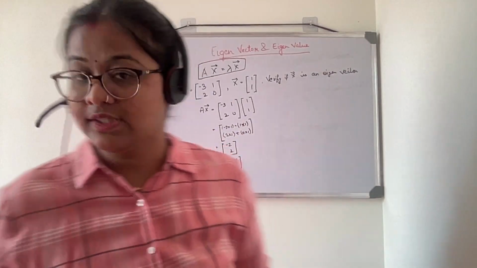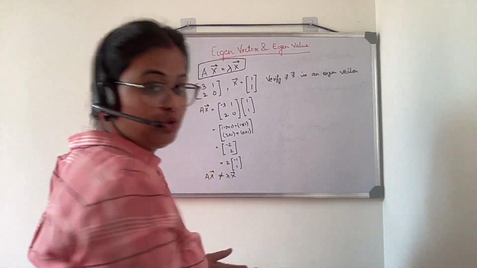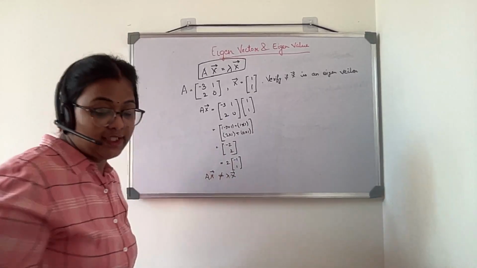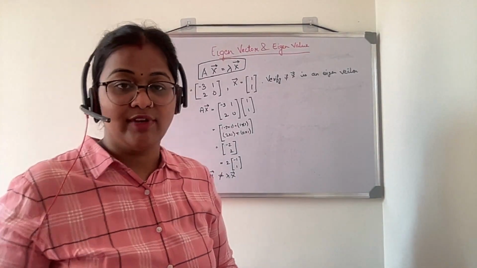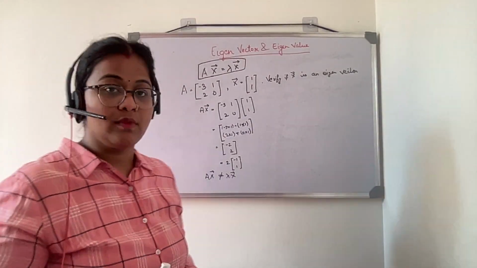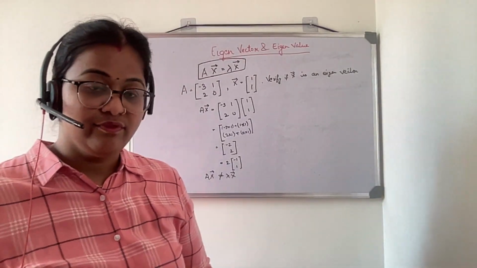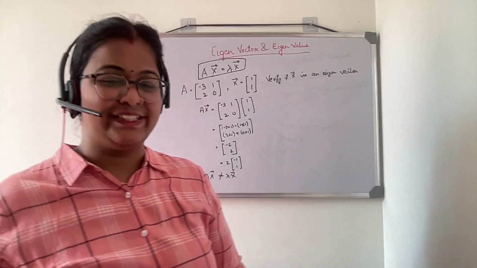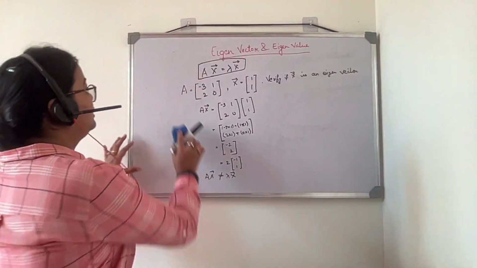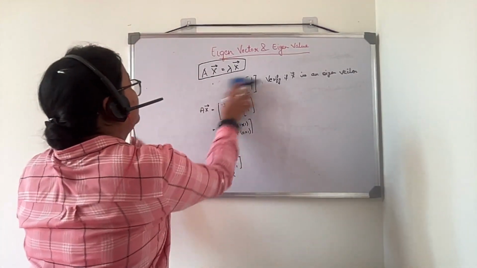Okay, so after this we have the second type of problem. If you want to note it down, or else I can start. The second type of problem we get is to solve for the eigenvector and the eigenvalue. So we have got the matrix, and then we need to find the eigenvalue, the lambda value, and the eigenvector x bar. So let's see how to do that.